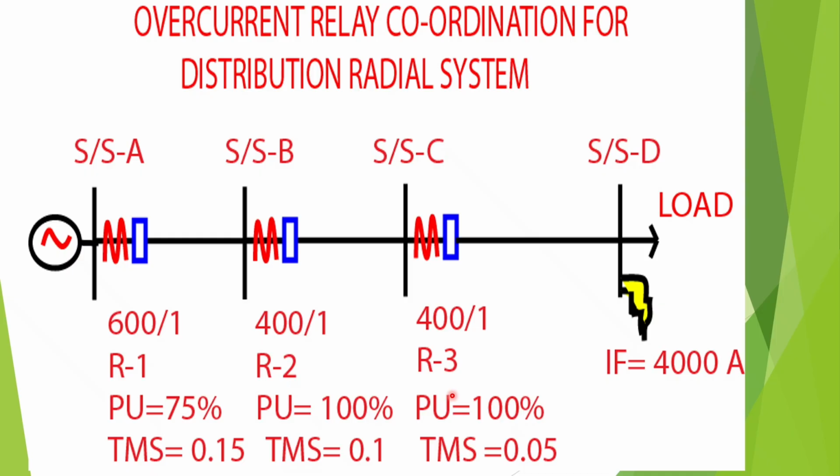The TMS value comes as 0.1 second for relay R2 and 0.15 second for relay R1. This is how the relay coordination is done for overcurrent relays in a distribution radial system.